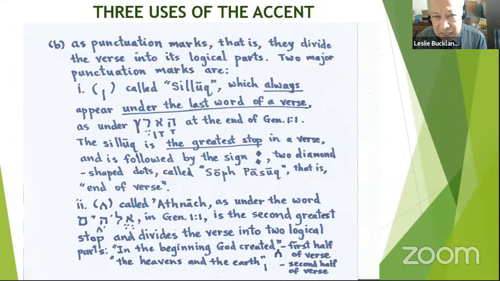There is not a clear equivalence between the Siluk, for example, and the full stop, even though I've compared it to the full stop since it is said in the Hebrew to be the greatest stop, because you wouldn't really end the word at this syllable. A full stop indicates that you have come to a complete stop, and this is not really a complete stop. It's just a pause before you finish pronouncing the last syllable of the word.